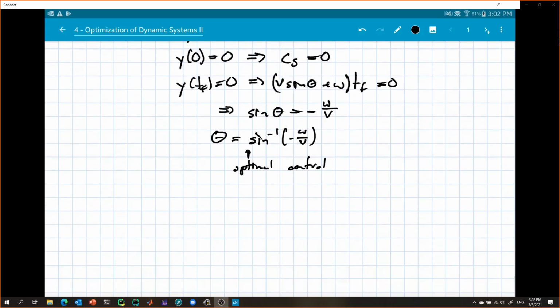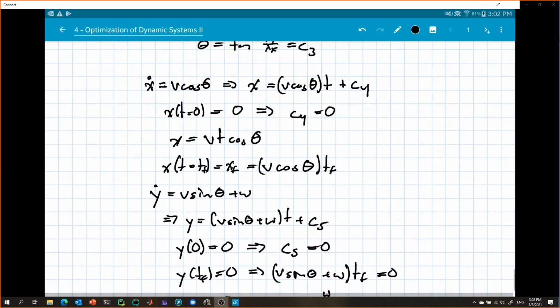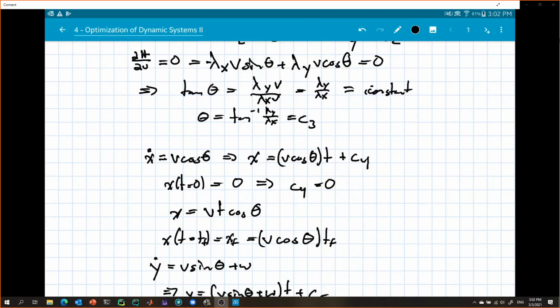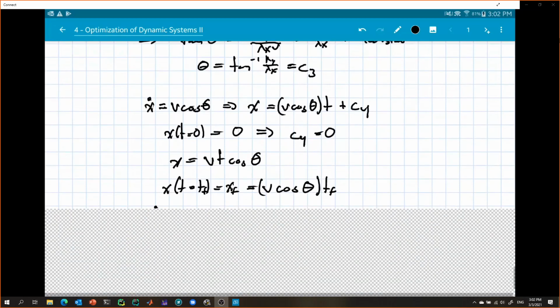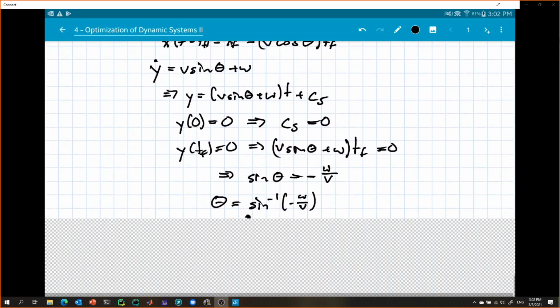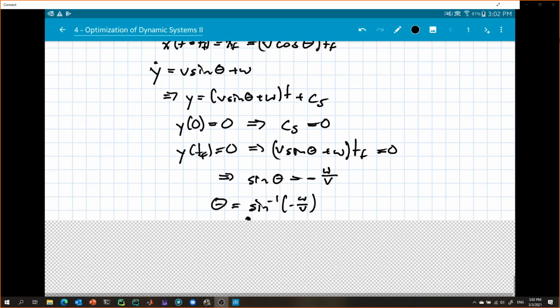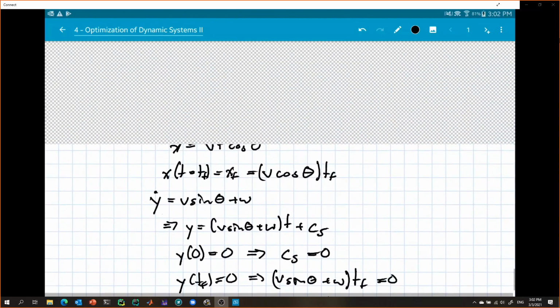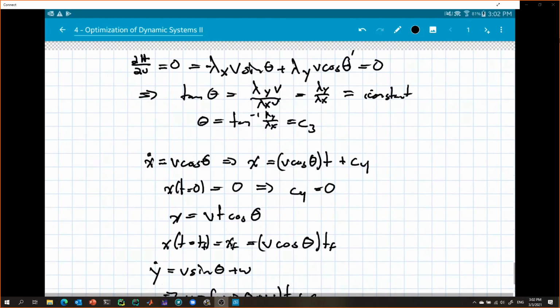And then we could back solve. So if we basically plug this into a solution for TF, which I think I got up here. What did I put in? Maybe I didn't write it out.